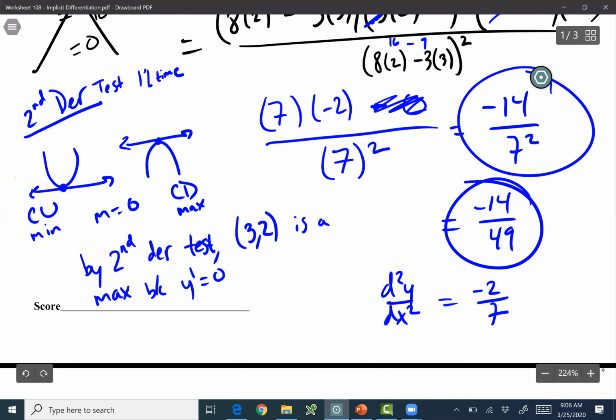That was our first step. And y double prime is less than 0, so it's concave down at 3, 2. So that's our second derivative test.